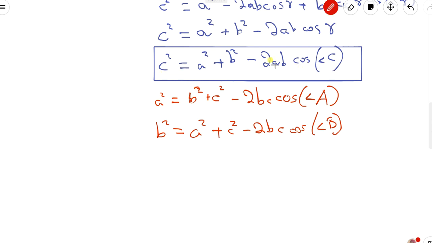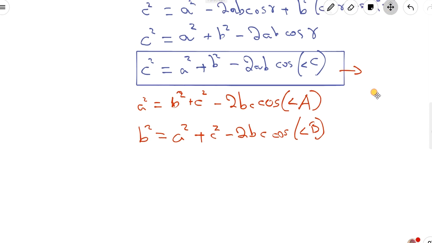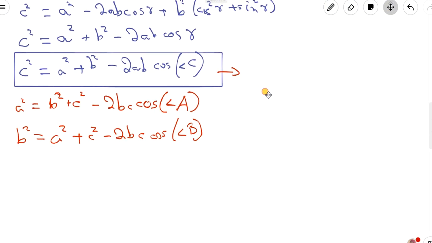Now, one thing more, you can also give a secondary appearance to these formulas. Like if I just pick up this boxed formula, I can rewrite it like this.